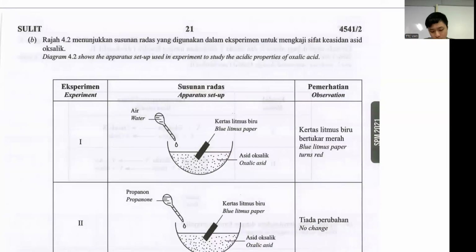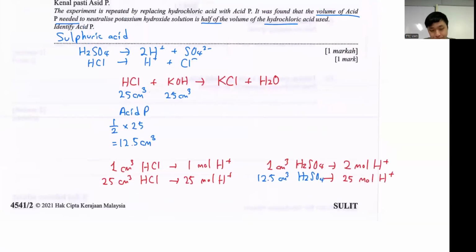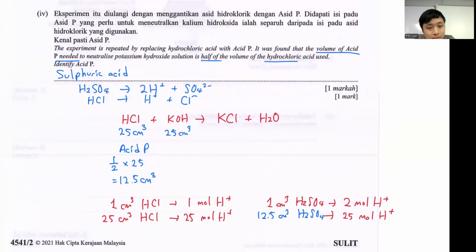I don't understand the last two chemical equations. Which one? The HCl plus KOH part.